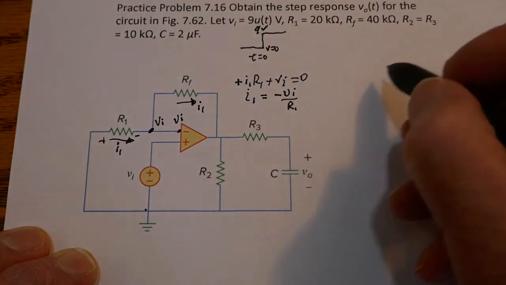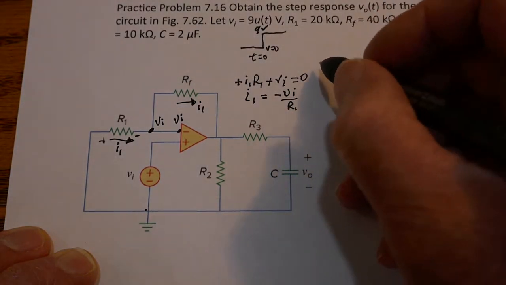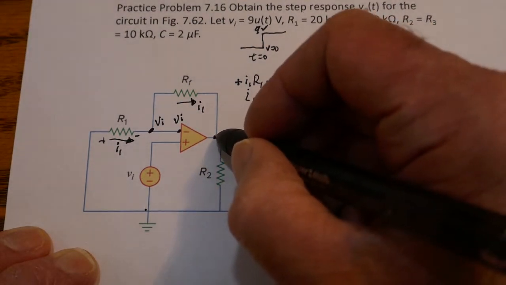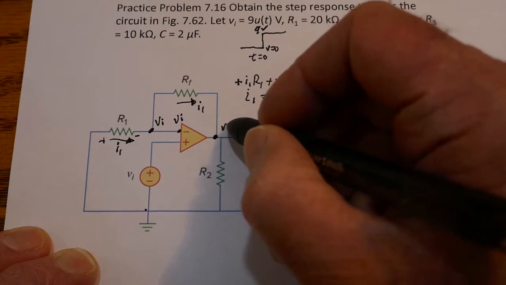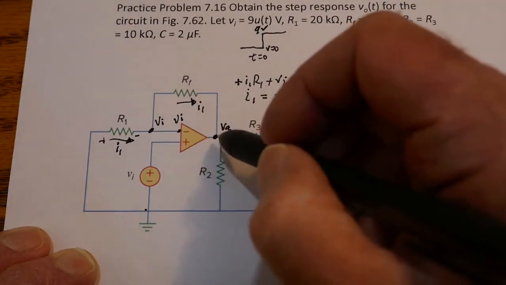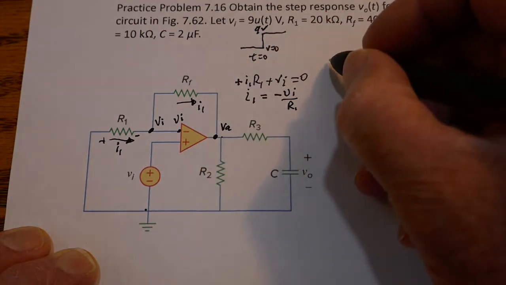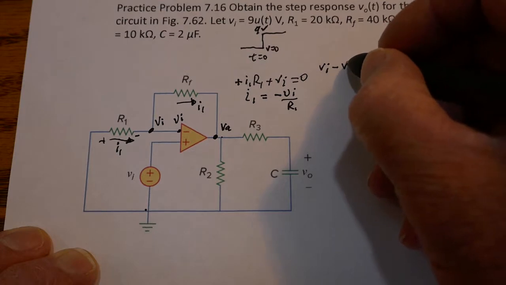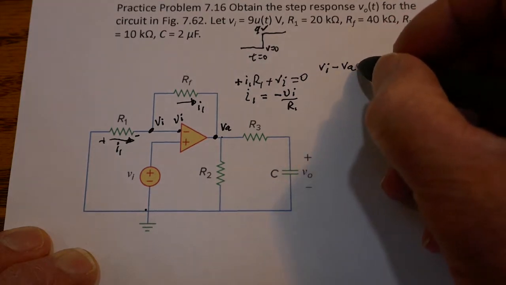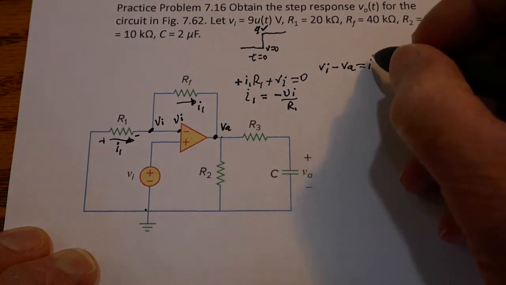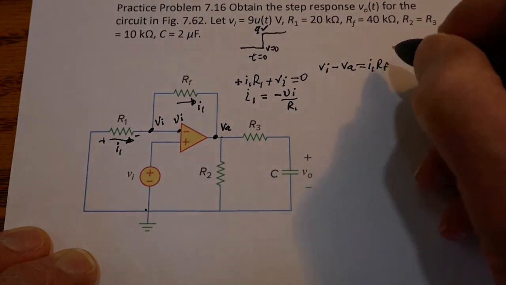So we can then write over here, if we call this point V sub A, we can take the voltage difference between VI and VA. VI minus VA is just equal to the voltage drop across the resistor, I1RF.